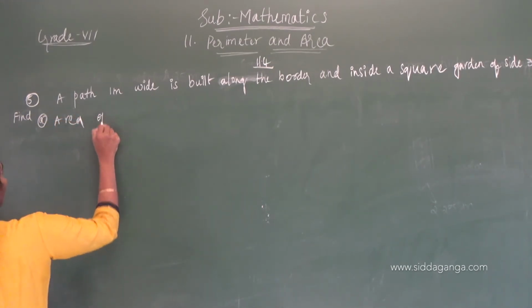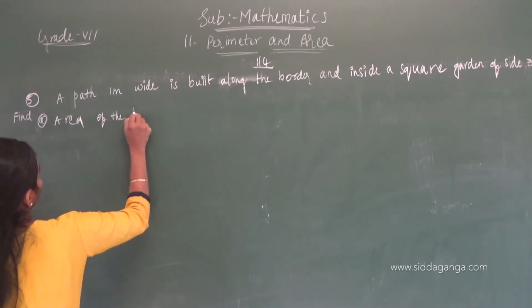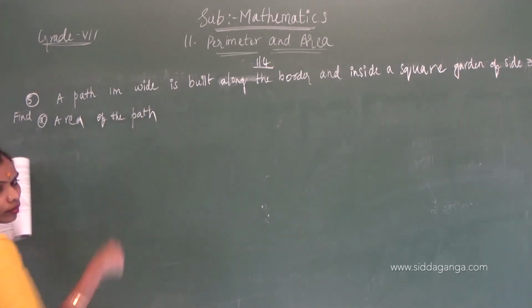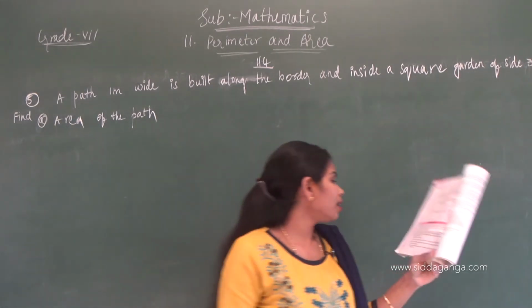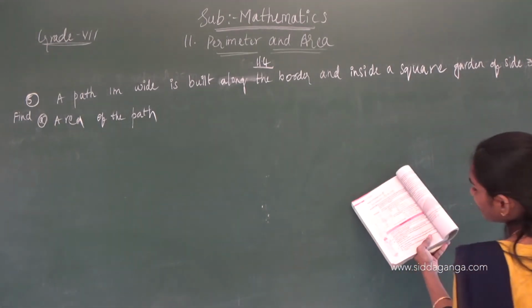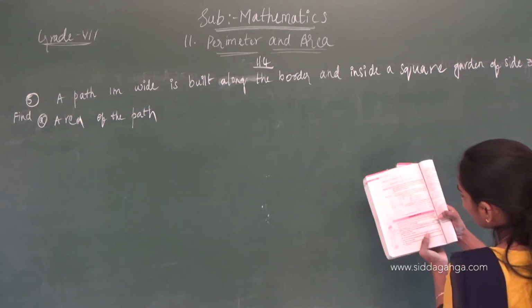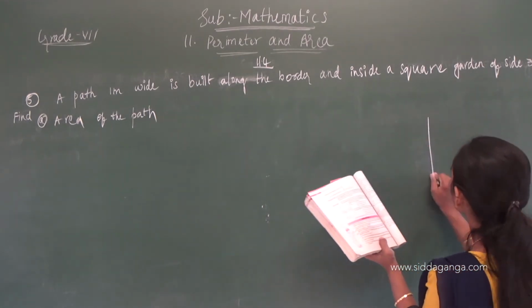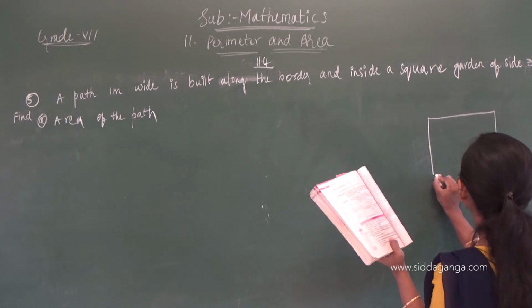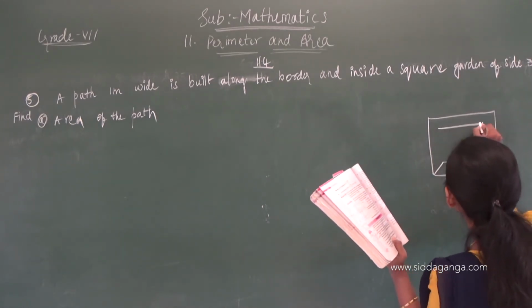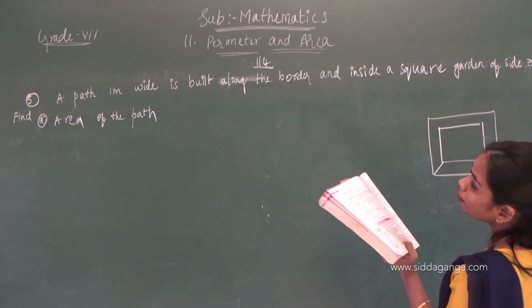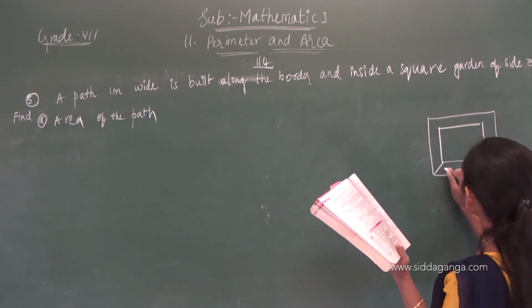Area of the path. First, what they have given, just read them carefully. A path of 1 meter width is built along the border and inside one square garden. Just they are building a 1 meter wide path inside the garden.